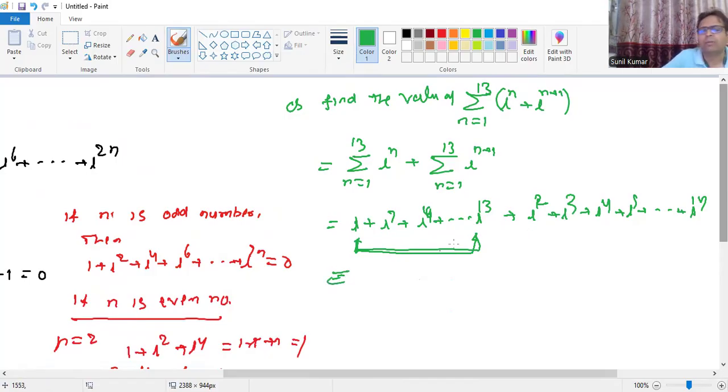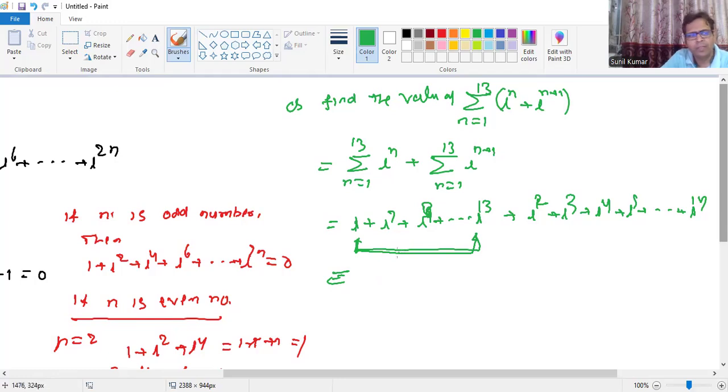Now suppose we find all these values. We have i to the power 1, 2, 3, 4, 5, and so on.